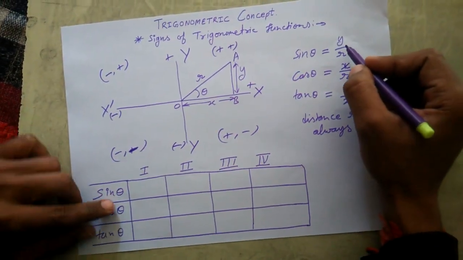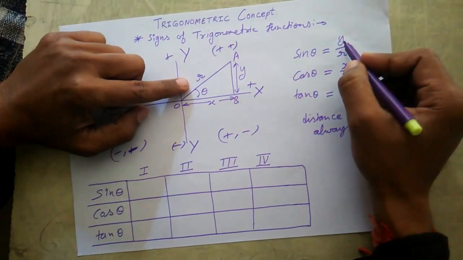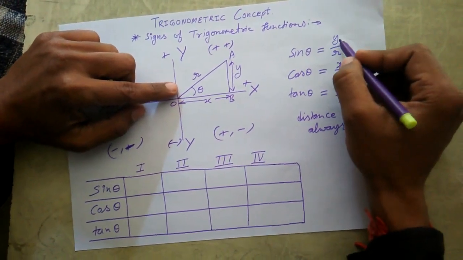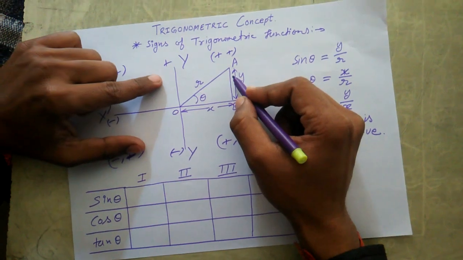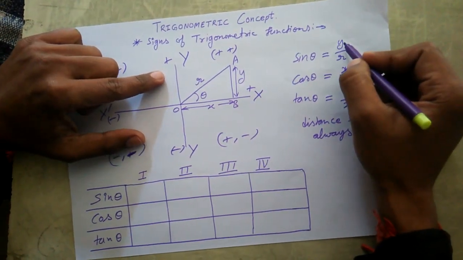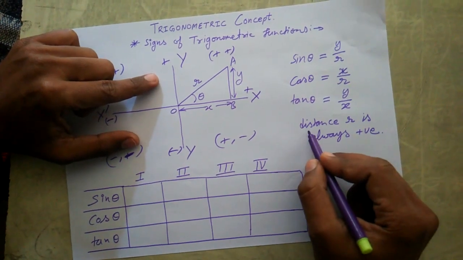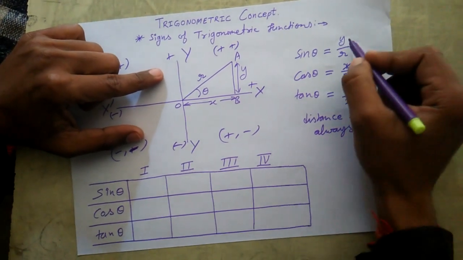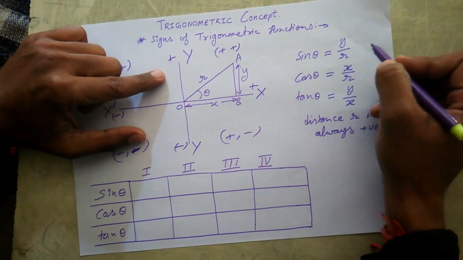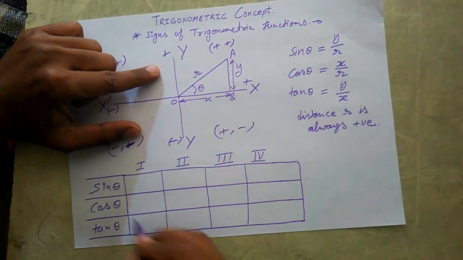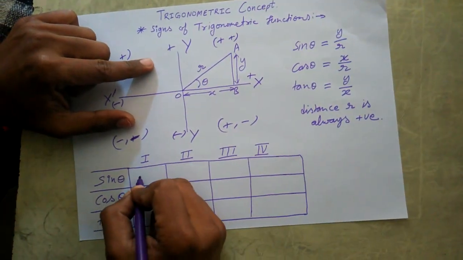Now, sine theta in first quadrant, positive or negative? Let us see. In first quadrant, sine theta is Y upon R. Y is in the upward direction, in the positive direction. So, this is positive. And R, as I said earlier, always remains positive. So, positive by positive, what will come? Positive, definitely. Great. So, here is positive.